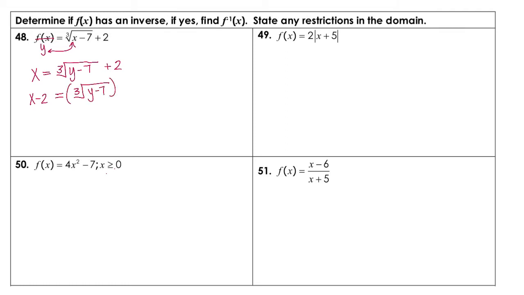We will then cube both sides, and so we have x minus 2 all cubed equals y minus 7, and then lastly we'll add our 7 over, and so we're going to have x minus 2 all cubed plus 7 equals this y, but that y is really the f inverse, so we're going to say equals f inverse of x.